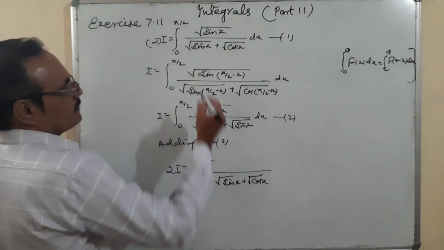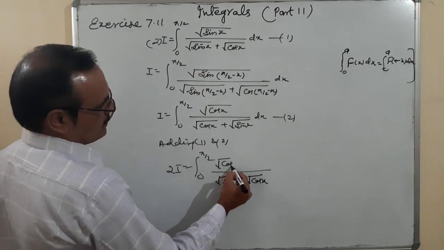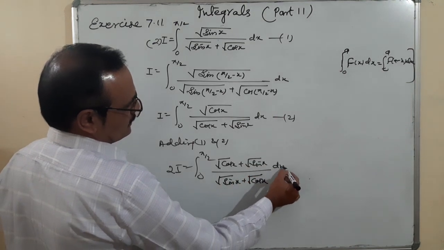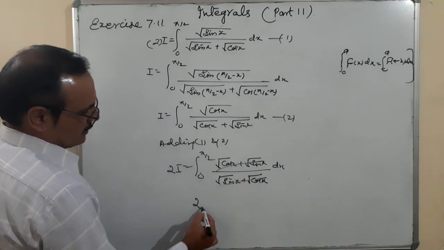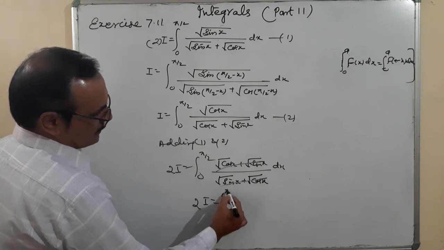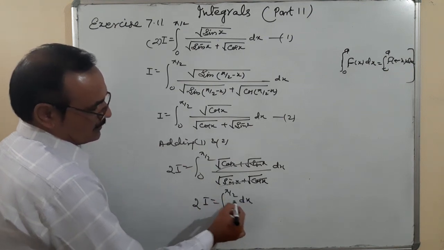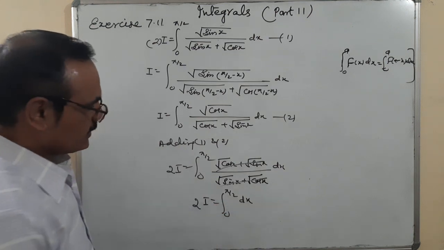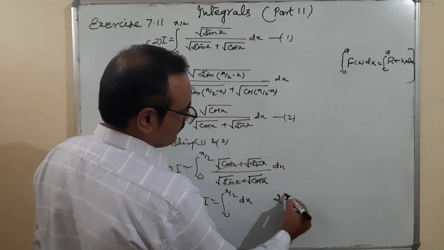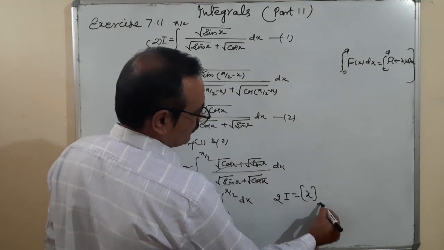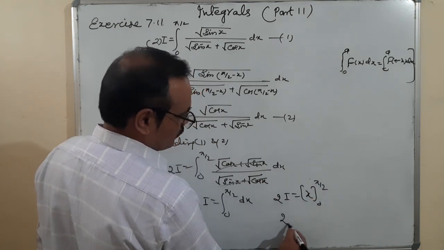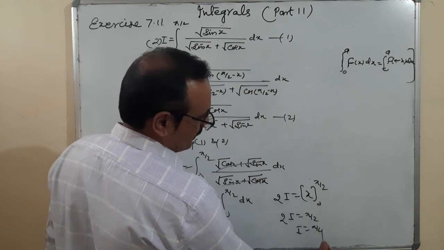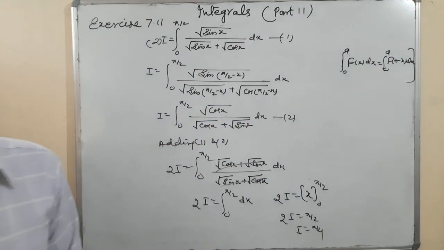What is coming here? Root cos x plus root sin x dx. This entire term cancels. 2i is equal to 0 to pi by 2 dx. Integration of 1 is x. So 2i is equal to x from 0 to pi by 2. 2i is equal to pi by 2. I is equal to, again the result is pi by 4.